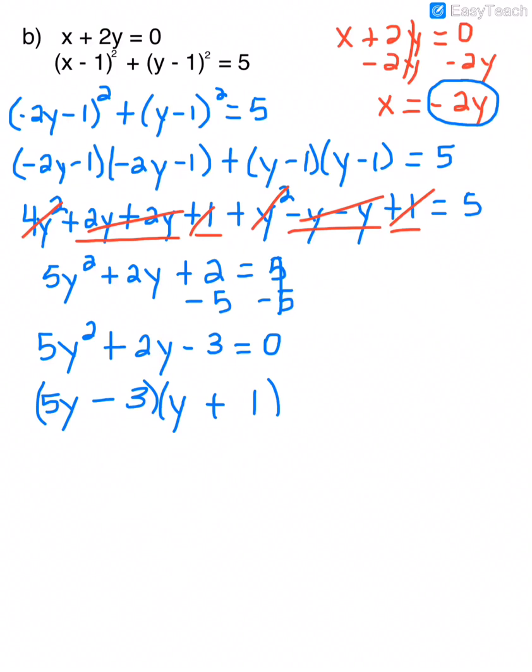Okay, so that would give me a positive 5y and a negative 3y, which would give me a positive 2y. Once I have completely factored, take each factor and set it equal to 0 and solve.